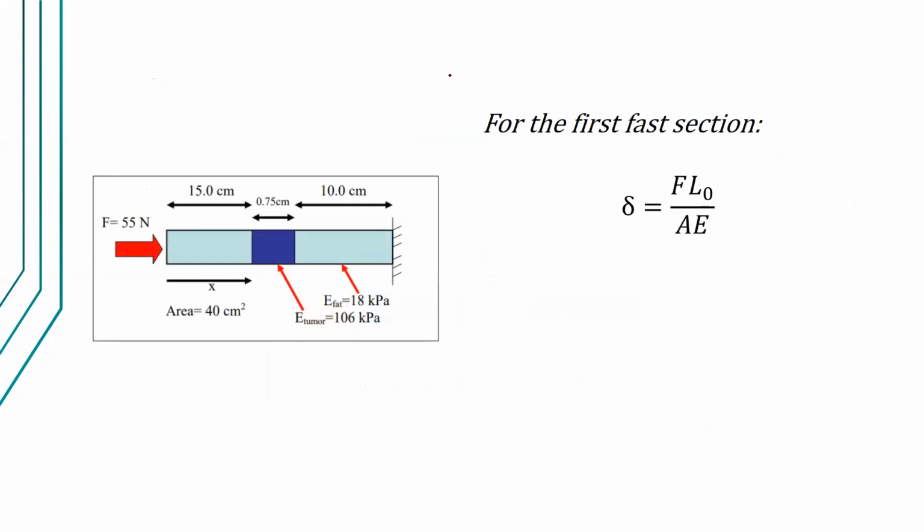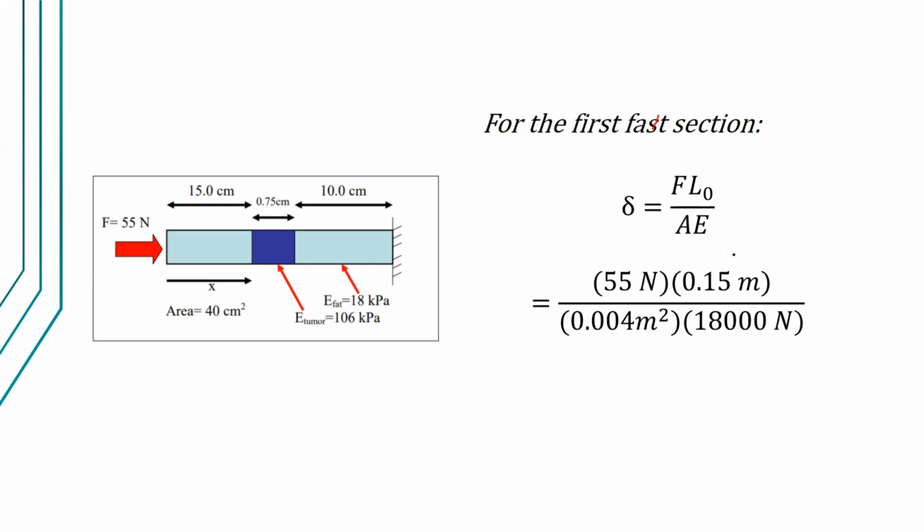So for the first section, this should be fat. First fat section. So again, the deformation is F L0 over A E. Let's just substitute the given: 55 Newtons. Original length is 15 centimeters, that's 0.15 meters.